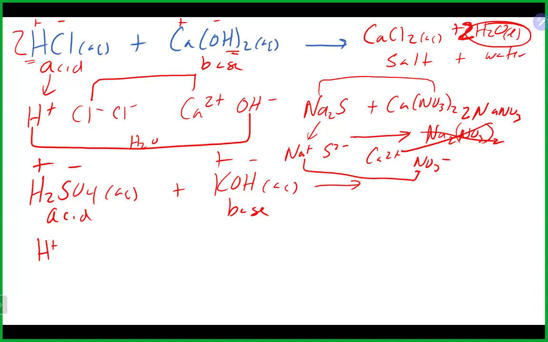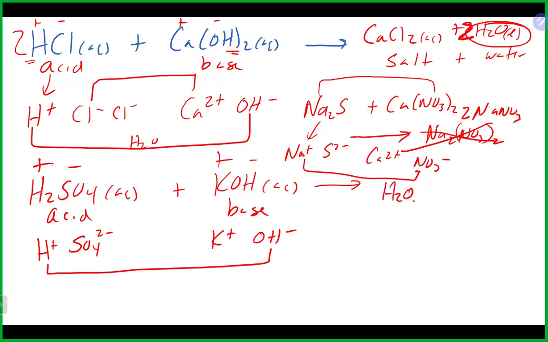That's the most important thing here is to get the formula. We also want to make sure we get the proper formula there for sulfate, which is SO4 2 minus. Now for potassium, same deal, K plus and OH minus. Now again, when I put this together, I could clearly see the water and not something funky like H2 hydroxide or hydrogen peroxide or something like that. So that is again where the water is going to come from, the combination there.